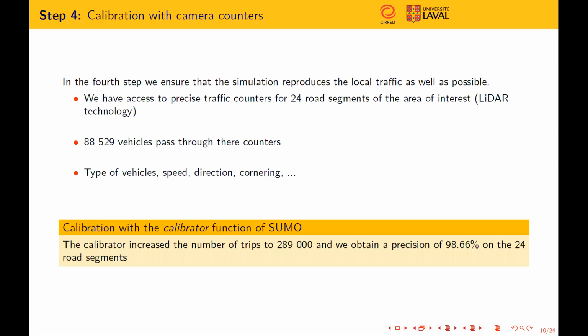And for doing this, we use the calibrator function of SUMO, which increases the number of trips a bit, up to 289,000. And here we are proud to have a very good precision, almost 99%. We are at 99% close to the observation of the city. So for this section of the city, we are very close to the origin destination and to the field observation.